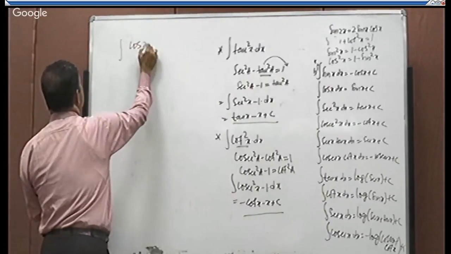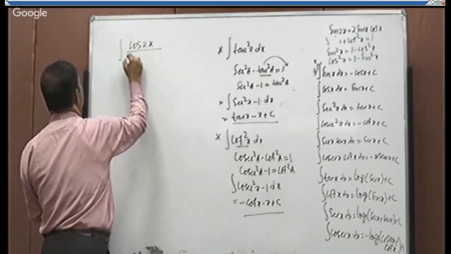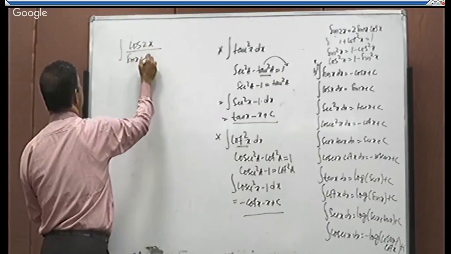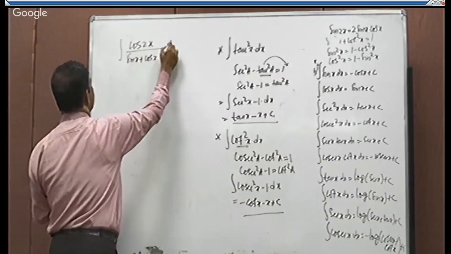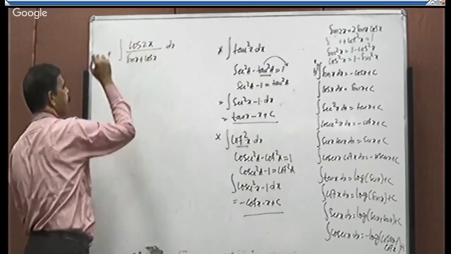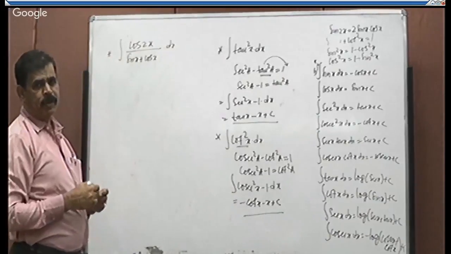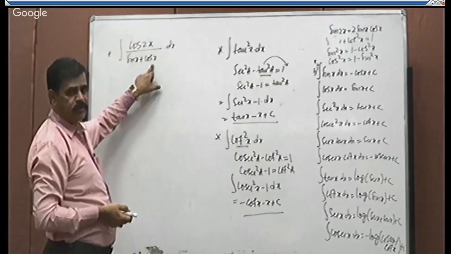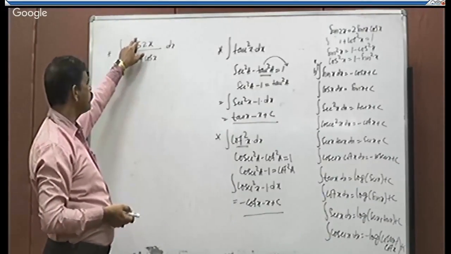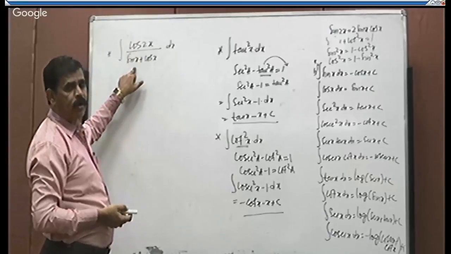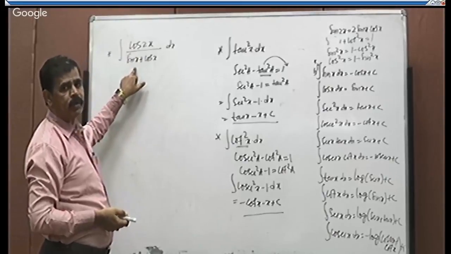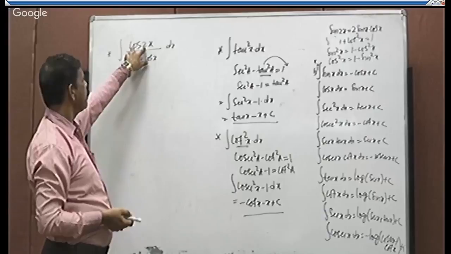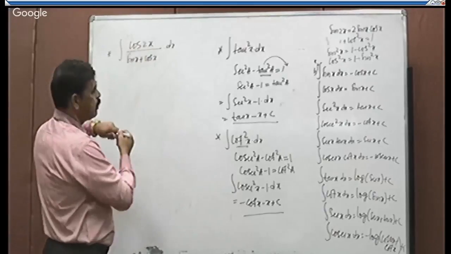Integration of cos 2x divided by sin x plus cos x into dx. Numerator is what? Cos 2x. Denominator is what? Sin x plus cos x. We cannot divide this with this. So, how to make this into integrable form? You just recall the cos 2a formula.